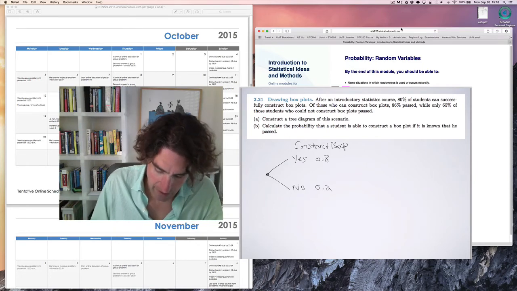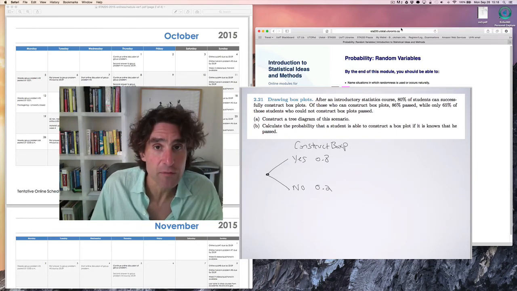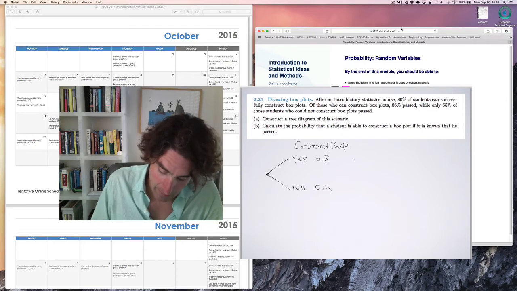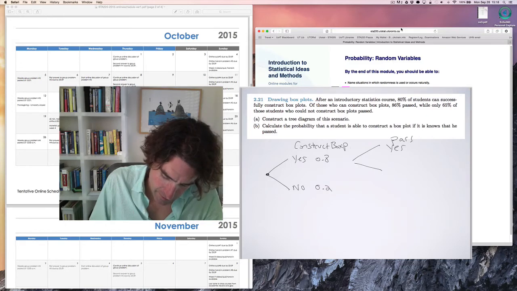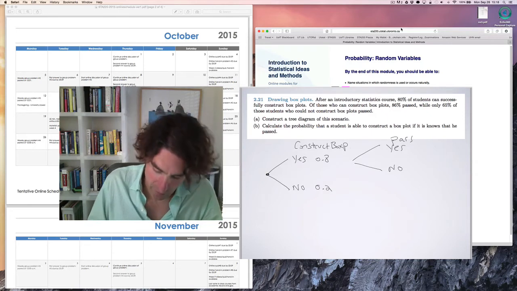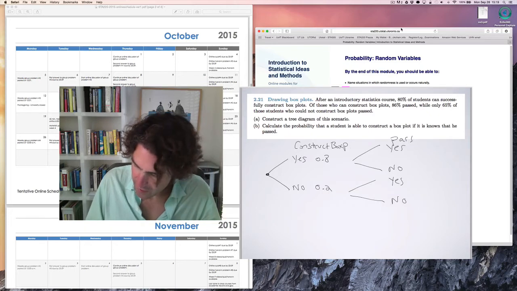And then among those who can construct a box plot, some will pass the course, yes, and some will not pass the course. And among those who cannot construct a box plot, some will pass the course, and some will not pass the course. So in this case, the probabilities are given.